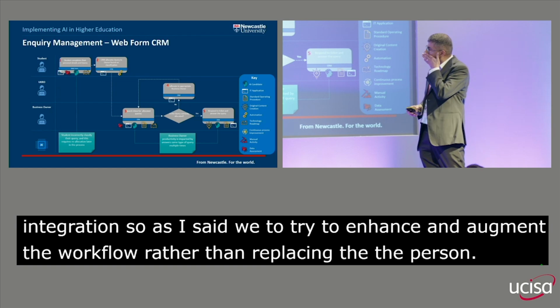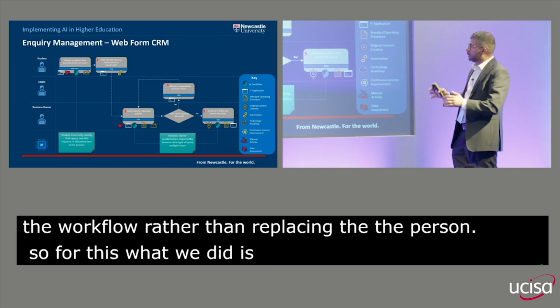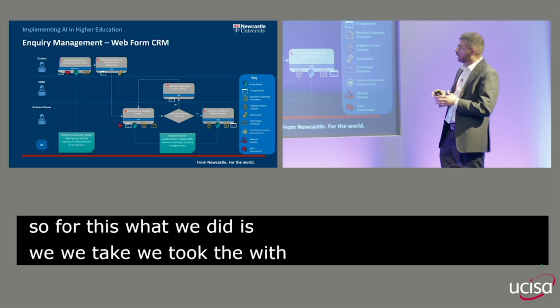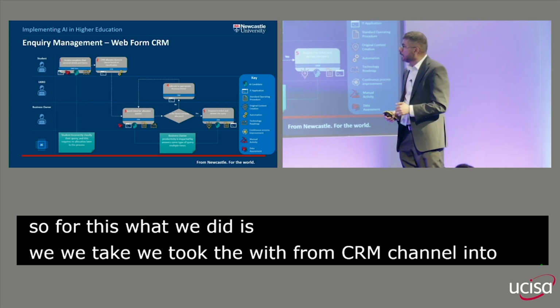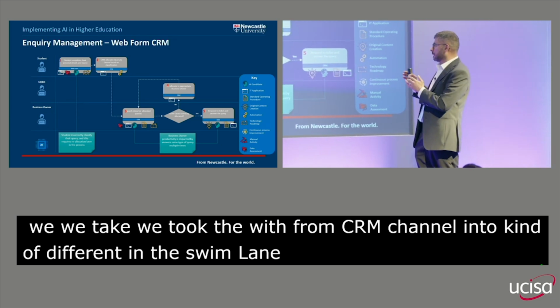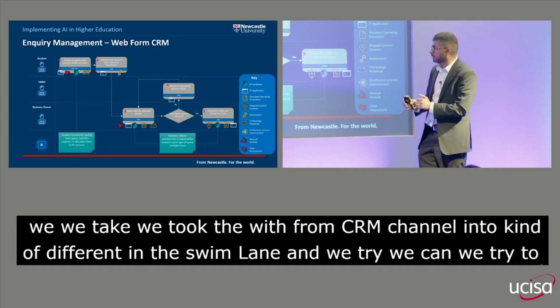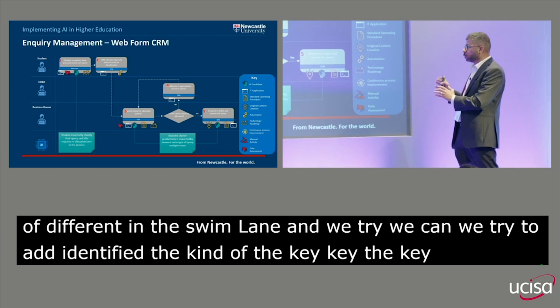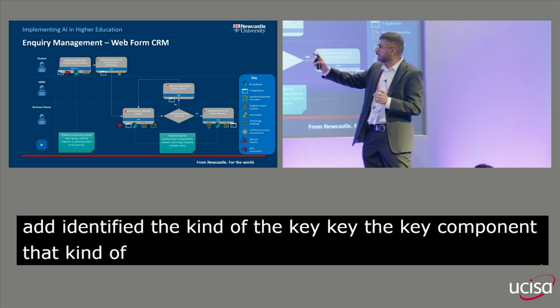For this, we took the webform CRM channel and broke it into different swim lanes, and we tried to identify the key components that contribute to making this process work.